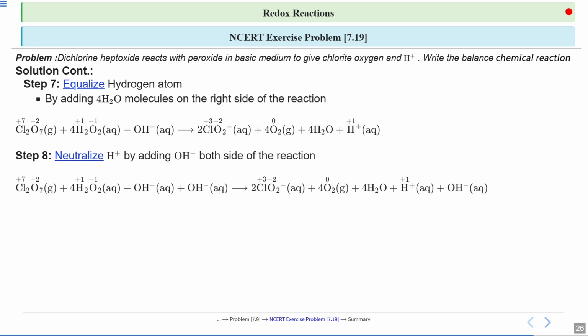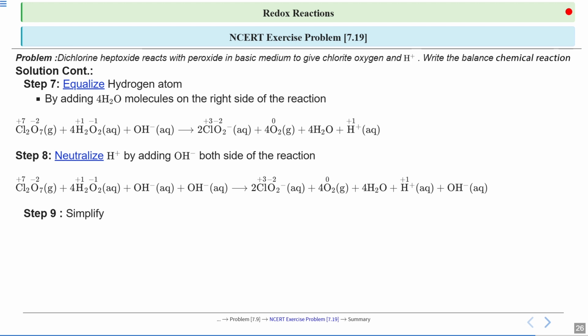So if we add OH⁻ to both sides, this would be Cl2O7 + 4H2O2 + OH⁻ + OH⁻. This OH⁻ was present already, and this OH⁻ we have added right now, and this would be 2ClO2⁻ + 4O2 + 4H2O + H⁺ + OH⁻.